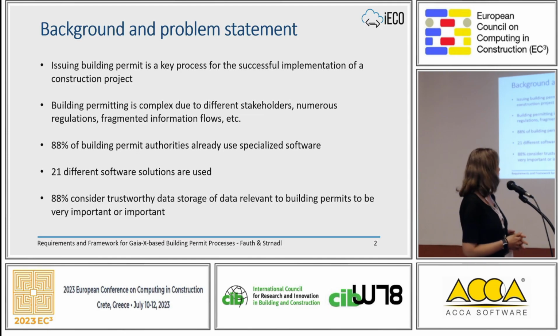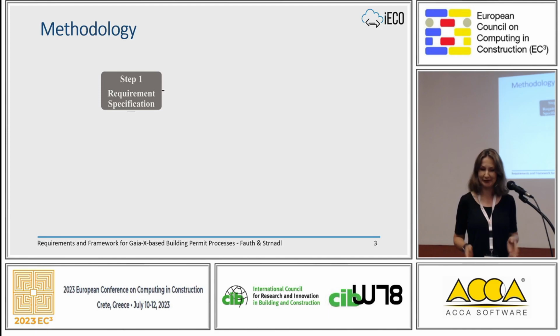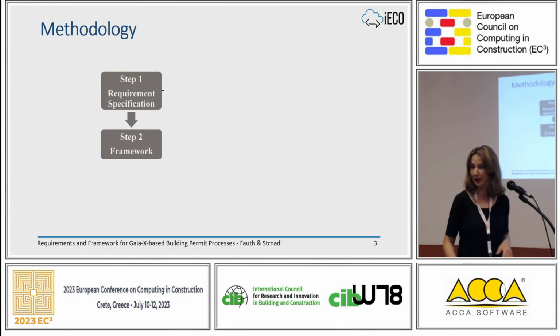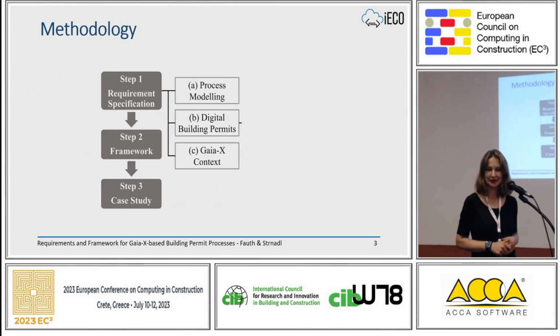Our methodology is quite simple. In step 1 we did the requirement specification, then we had a framework, which the paper is also about and which Christoph will then explain, and then we have a case study. For the requirement specification, we are considering different domains.